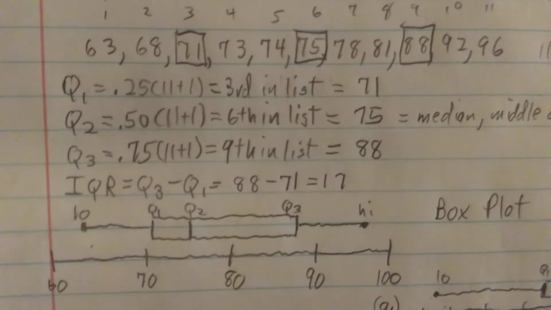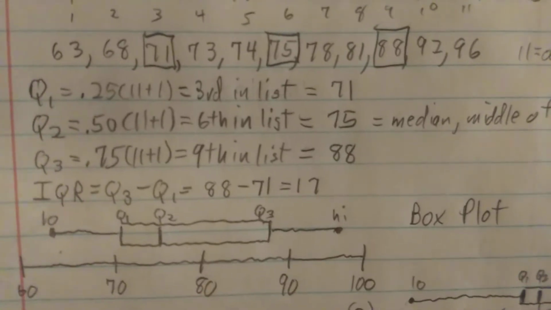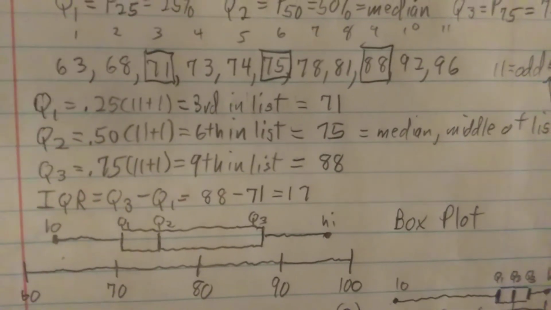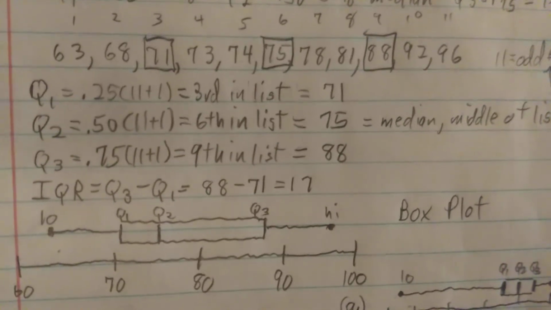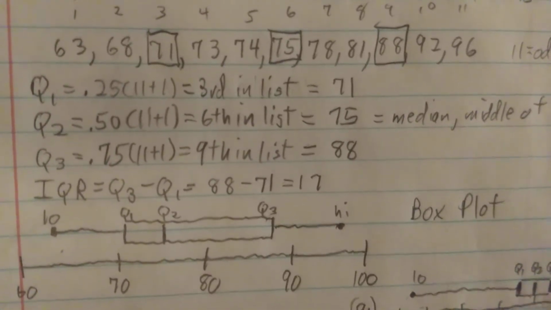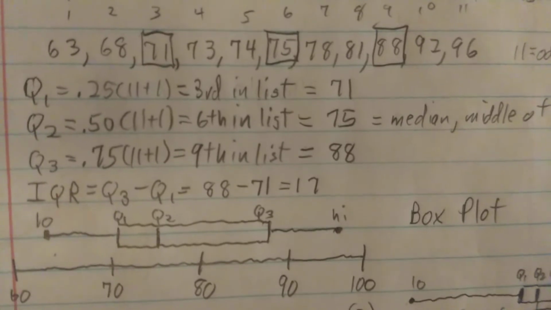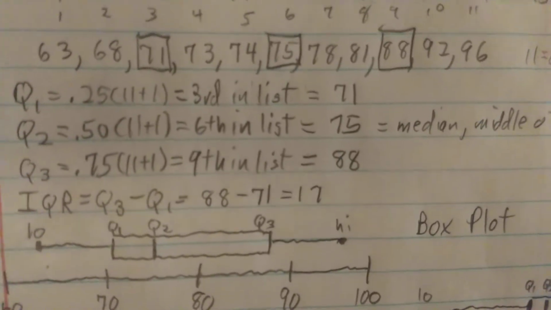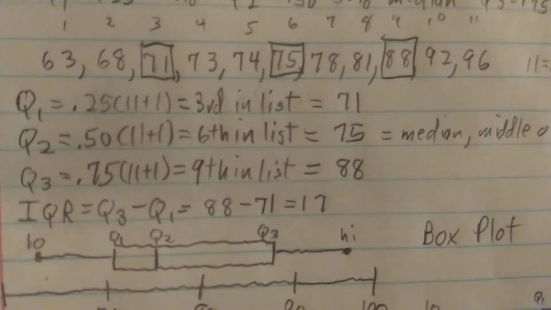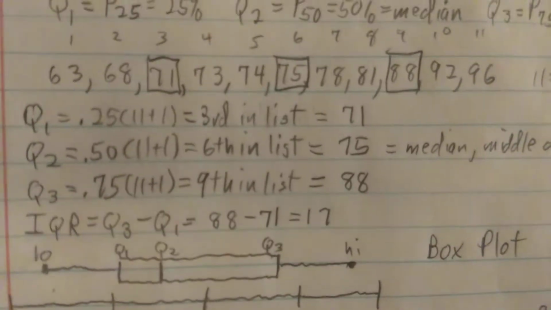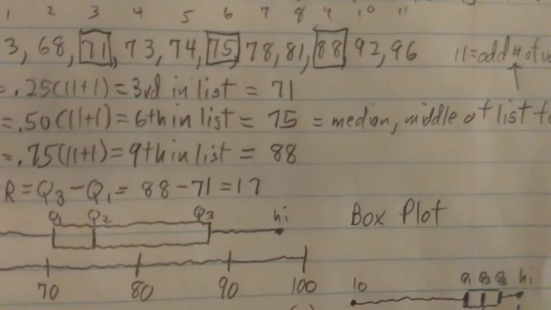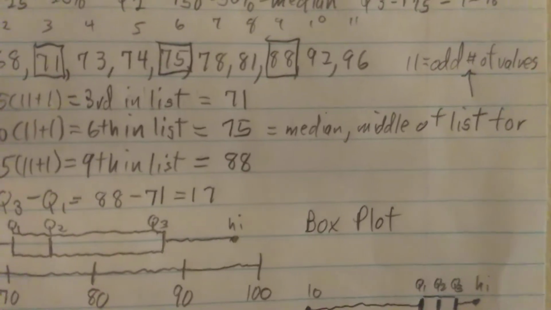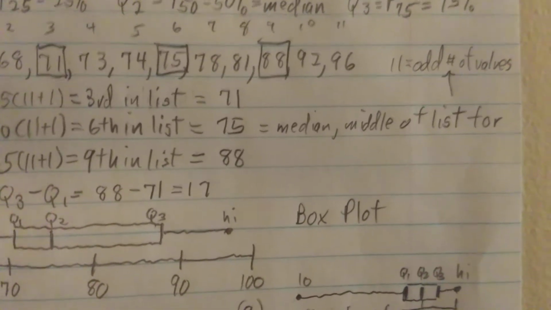Now for the Q1, 25%, we take the median of the bottom 5, which is clearly the third one. But we can do it in formula by 0.25 times 11 plus 1, or 12, is the third in the list, which is 71. But that's the median, the middle of the bottom 5. And then we look at Q3 as the median of the top 5, which is clearly 88.